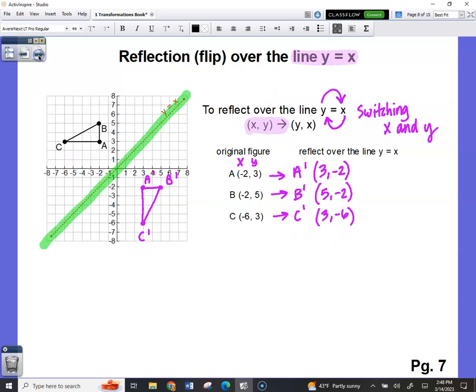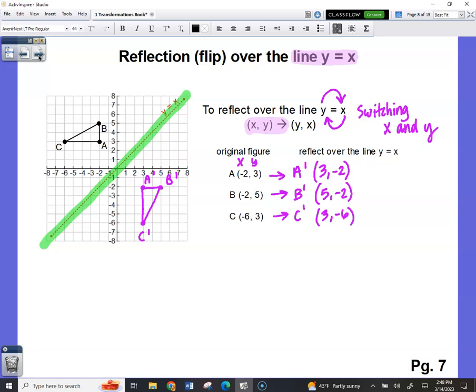Then there was one more reflection, which was y equals x. And this was the one I warned you about. I said this is the only one that you can't count. It's very awkward to try to count it, although Jay definitely counted his, which is fine. But it's easier if you just know how to apply the formula. And I said if you'll draw these arrows, it'll remind you that y becomes x and x becomes y.